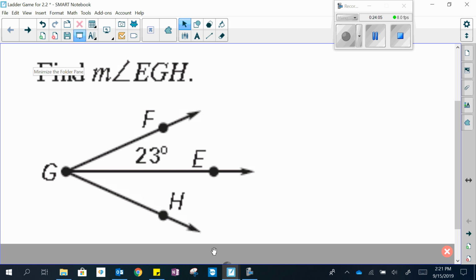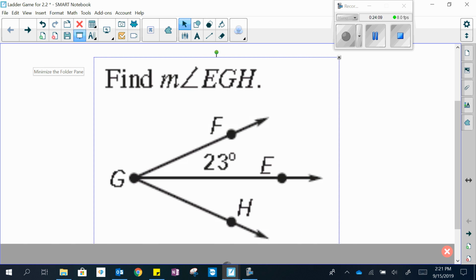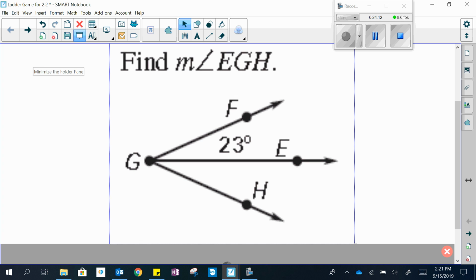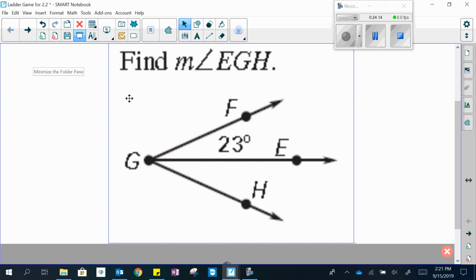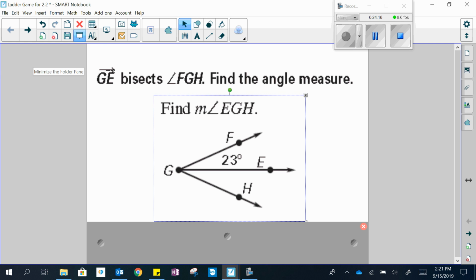Sorry, you probably paused it already, and I need to show you the diagram before you pause it. So here's the diagram. I'm going to make it full screen because I think you need to be able to see the question. There's the diagram. There's the work. Now pause it and solve for EGH.